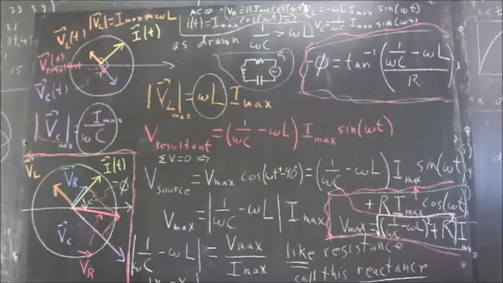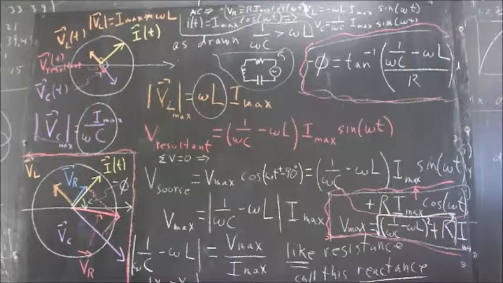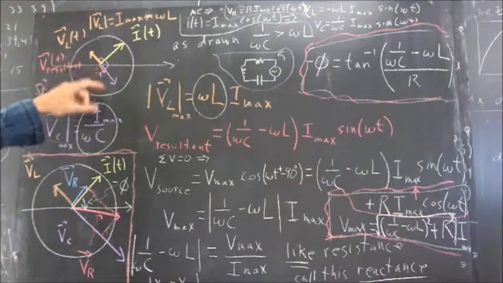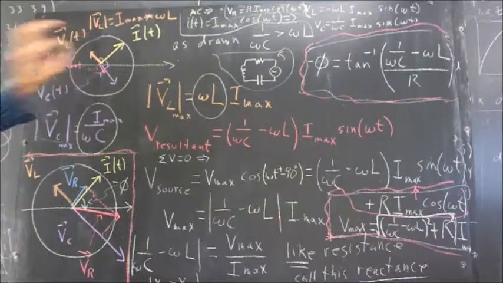The LRC circuit is governed by this phasor, and this gives us a relatively simple analysis. The resultant voltage then is here, as opposed to the resultant voltage that either has to be this way, or in the case of resonance, 0.